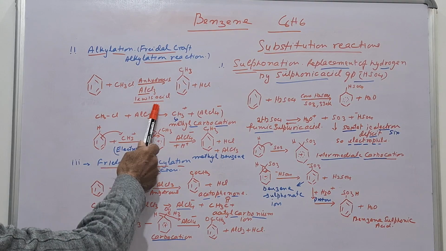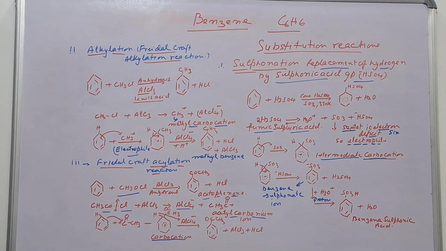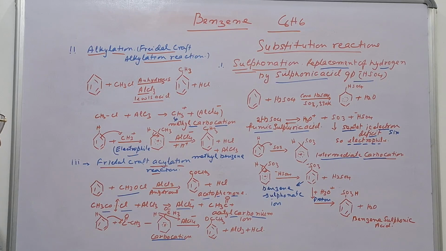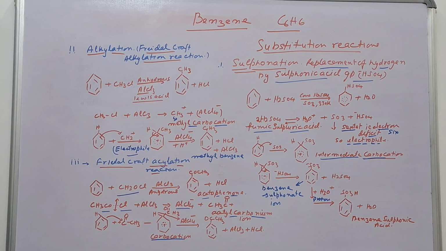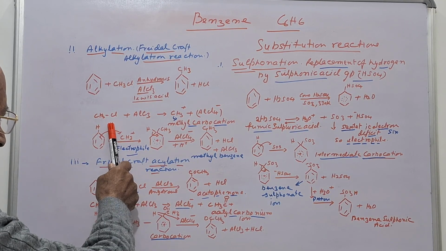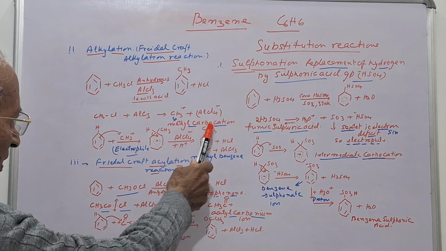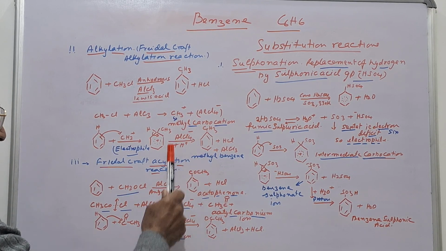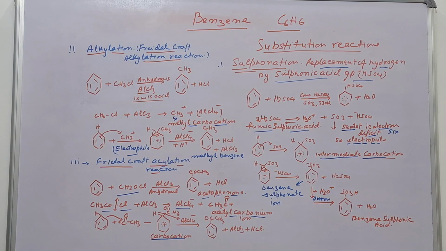Here it is a Lewis acid, that is electron deficient, and it forms methyl benzene. Now how does this reaction take place? This alkyl halide first breaks and forms the methyl carbocation, which becomes the electrophile in nature.